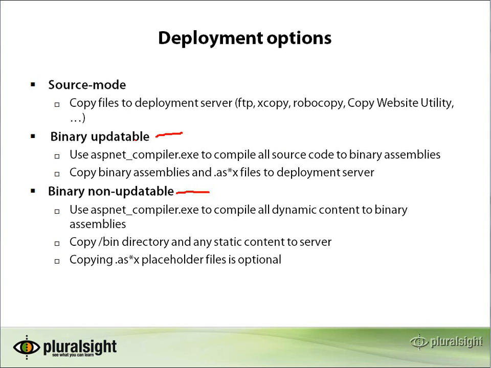The binary mode is going to take all of your source code files and all of your ASPX files and compile them into assemblies so that you're only pushing assemblies up to the deployment directory. And this has some unique benefits, as we'll see. And then binary updatable mode does the same thing, but it leaves your ASPX files intact. So if you want to make small modifications to them on the deployed site, you're allowed to do so.